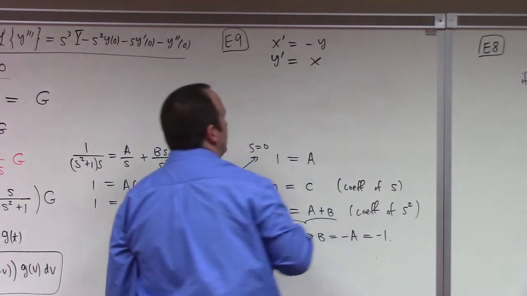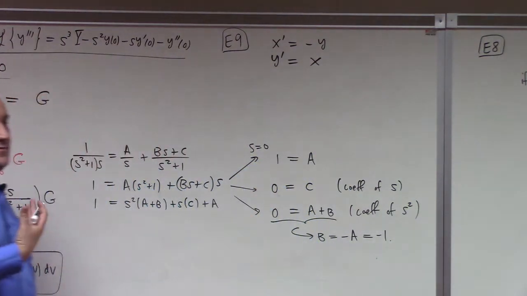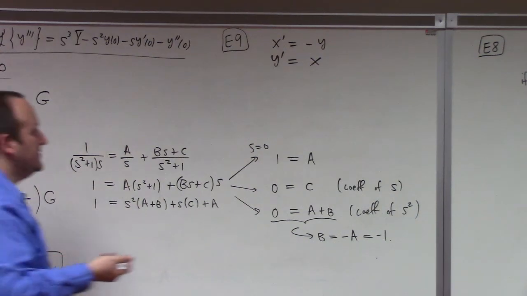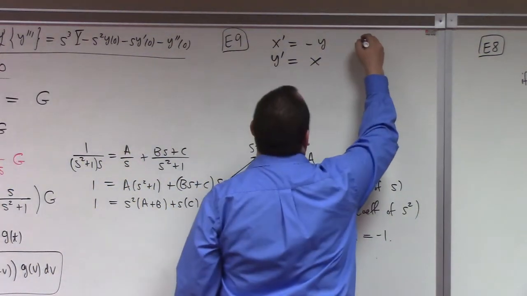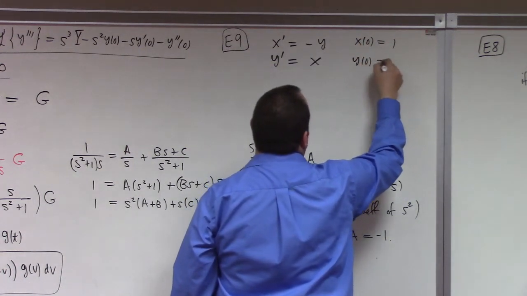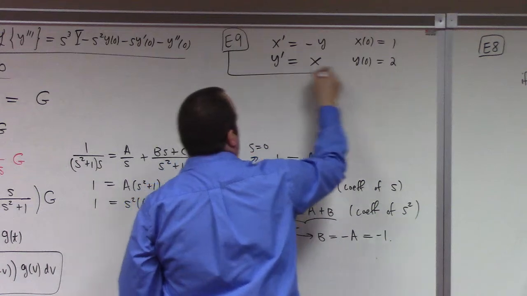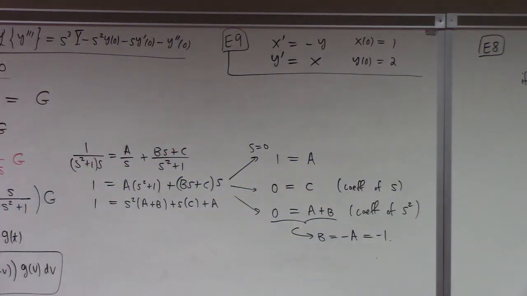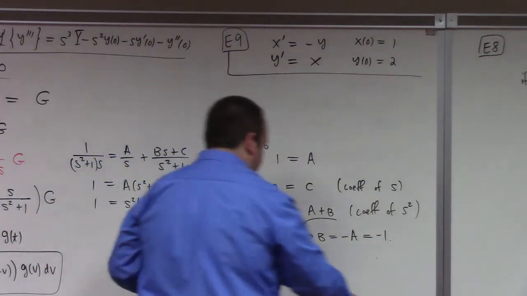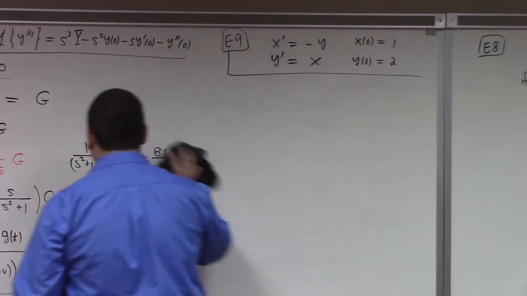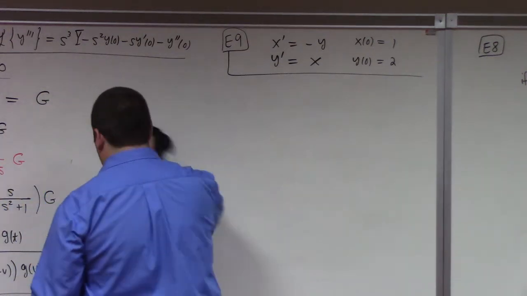We've solved this before. If you use the eigenvector technique, it's a complex eigenvector problem. We're going to assume x of 0 is 1 and y of 0 is 2, just for the sake of discussion. I want to show you how we can solve this using Laplace transforms. Laplace transforms can also be used to solve systems of differential equations.